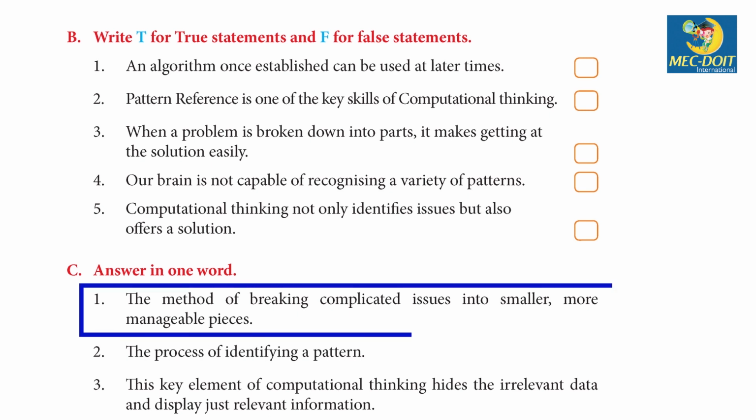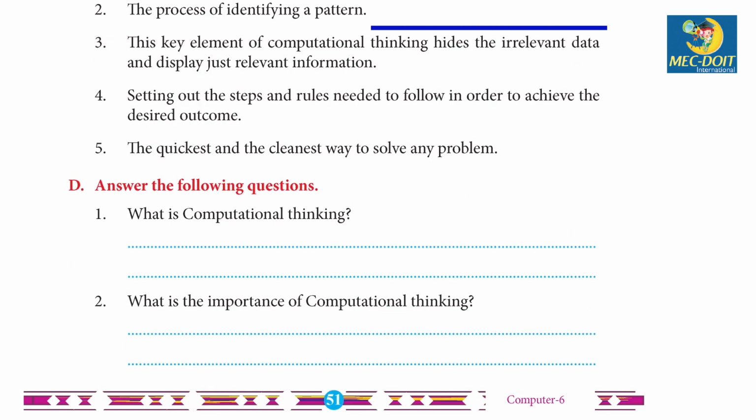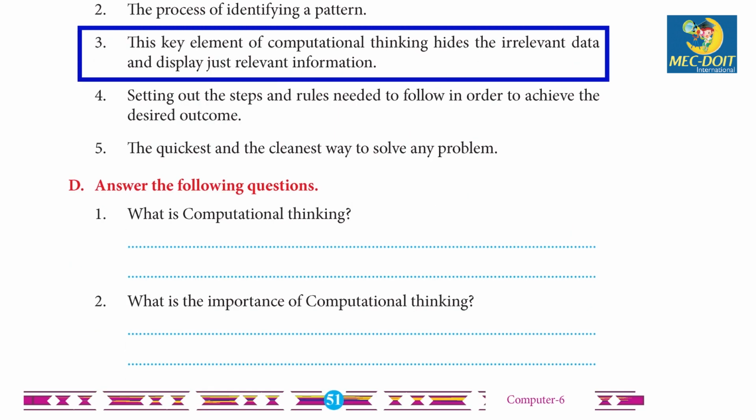C. Answer in one word. 1. The method of breaking a complicated issue into smaller, more manageable pieces. Answer: decomposition. 2. The process of identifying a pattern. Answer: pattern recognition. 3. This key element of computational thinking hides the irrelevant data and displays just relevant information.